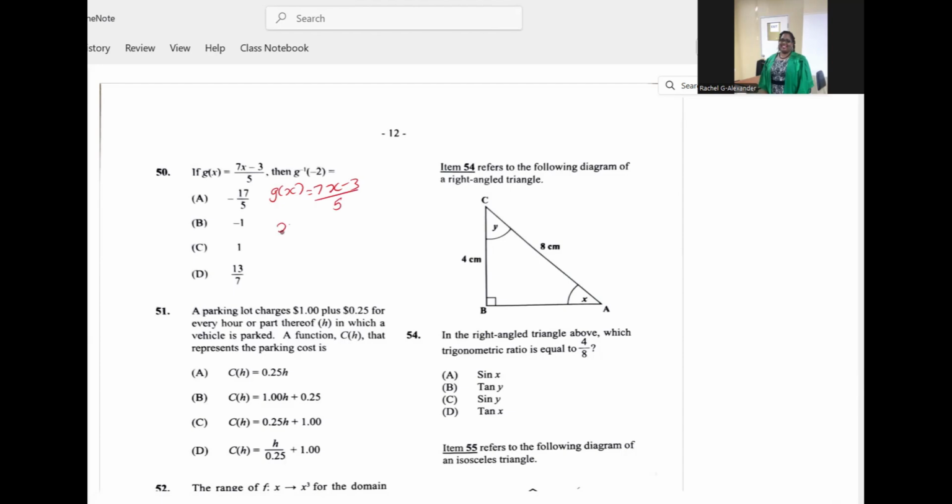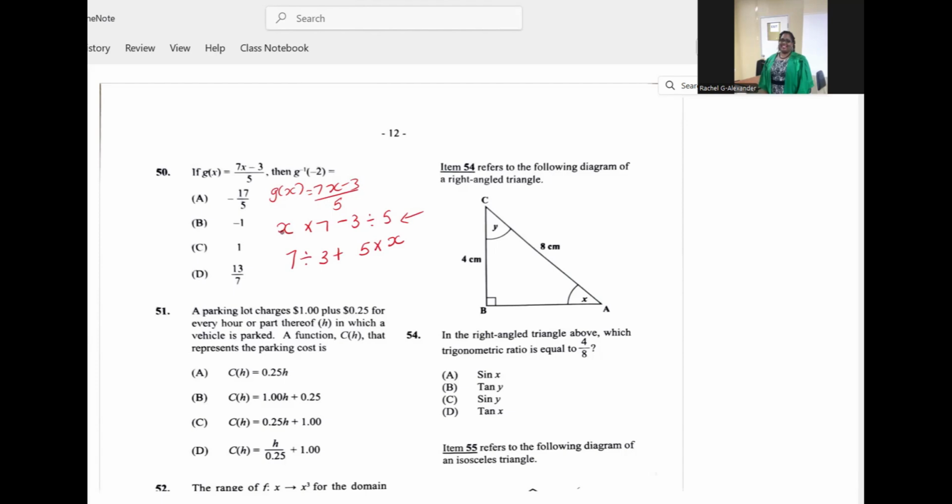You have an x value, you're multiplying it by 7, you're taking away 3, and then you're dividing the answer by 5, right? So we are going to go in reverse, and every step in reverse, we are going to do the opposite. So we're starting from here. We're going to multiply by 5, add 3, and then divide by 7.